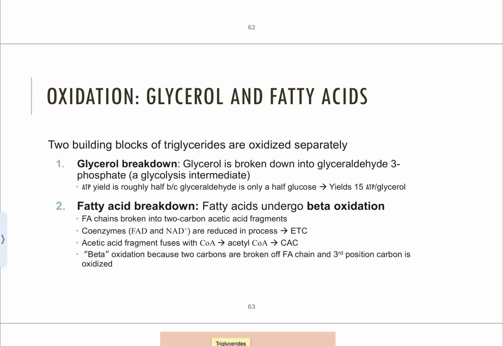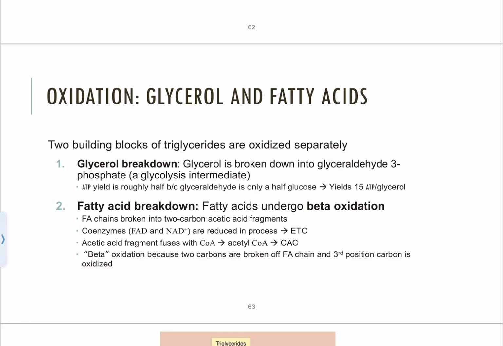The second pathway is going to be our fatty acid breakdown. And fatty acids undergo beta oxidation. So we're going to get our fatty acid chains that are broken into 2 carbon acetic acid fragments. We have our coenzymes FAD and NAD plus that are going to be reduced.